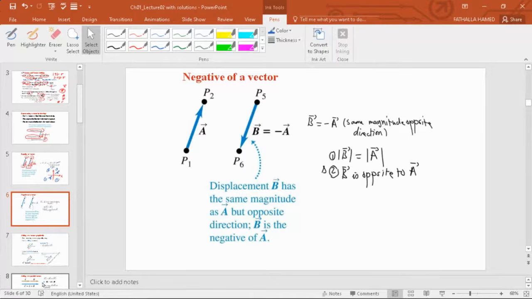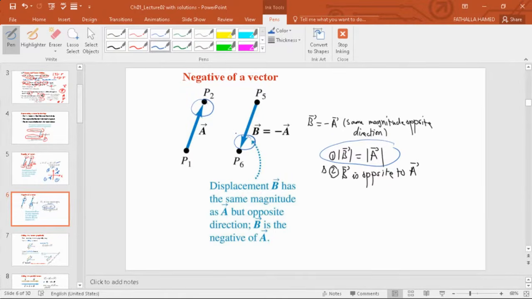Now, the two vectors can have the same magnitude. That means I look at magnitude A and I look at magnitude B. The absolute value of A, the absolute value of B are equal. But these two vectors are not equal. And the reason is these two vectors are not parallel to one another. They're anti-parallel. The arrow is pointing this way, and the arrow here is pointing that way.